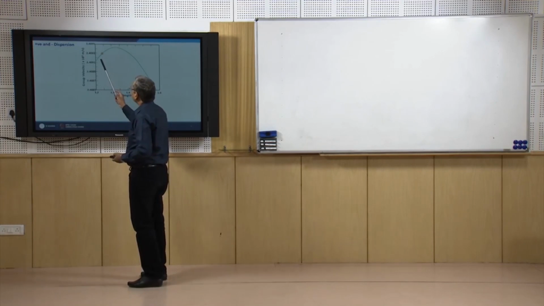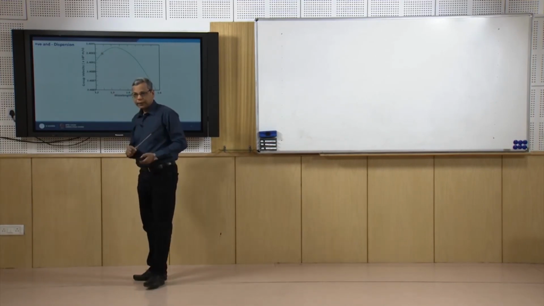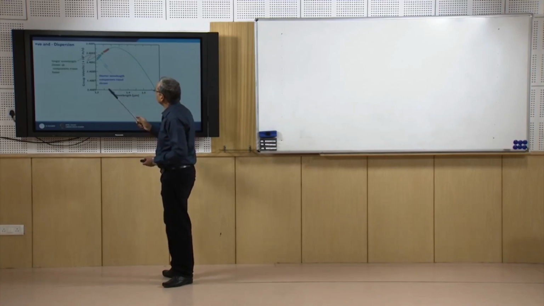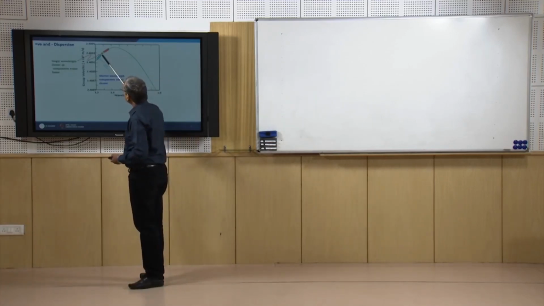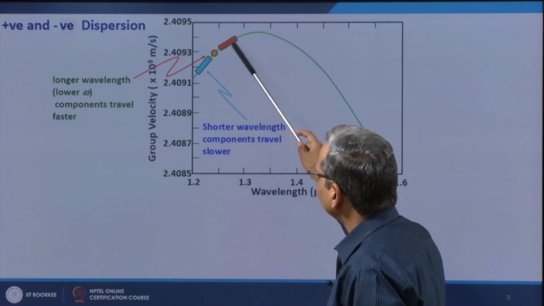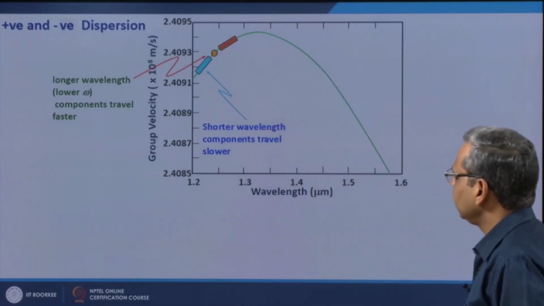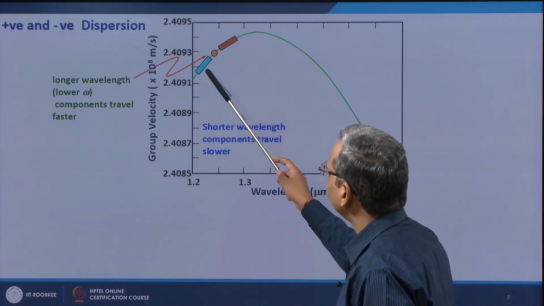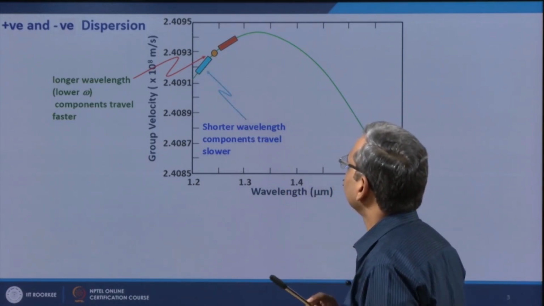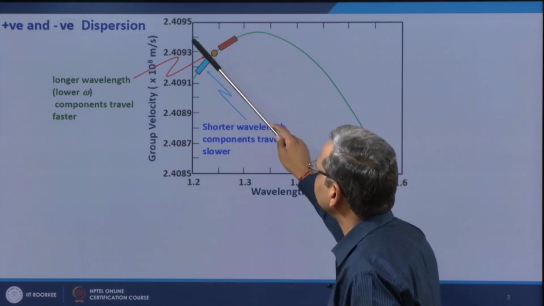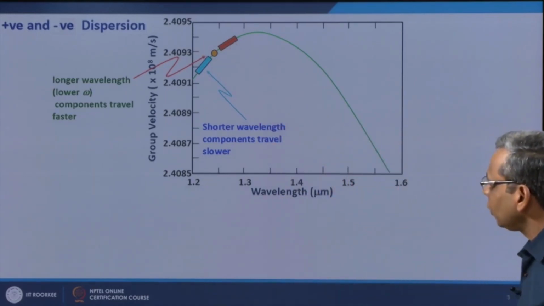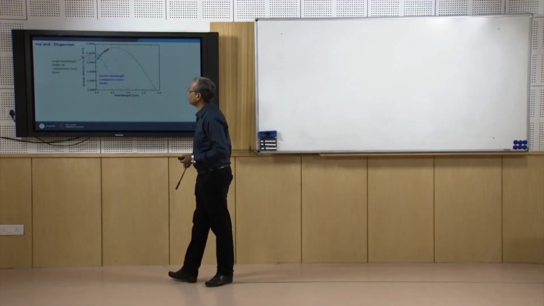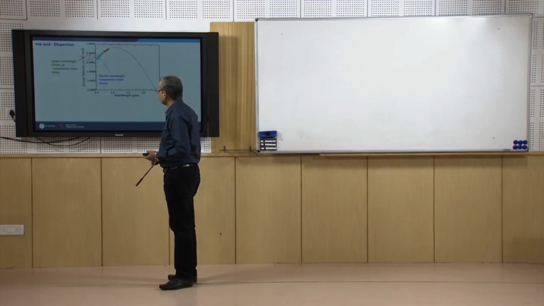If I take my source at this wavelength as the center wavelength, and then see the wavelength components in the vicinity of the center wavelength, I find that the shorter wavelength components have smaller velocity, while longer wavelength components have larger velocity. So, shorter wavelength components travel slower here, and longer wavelength components travel faster.